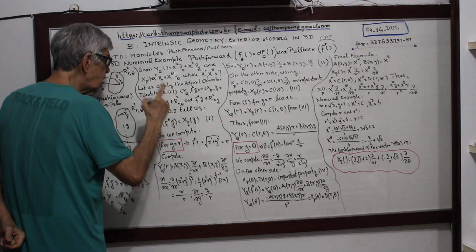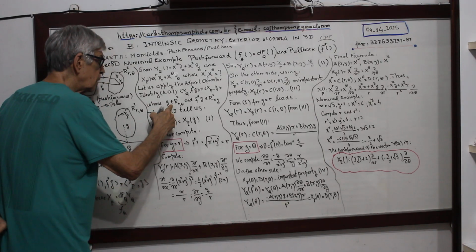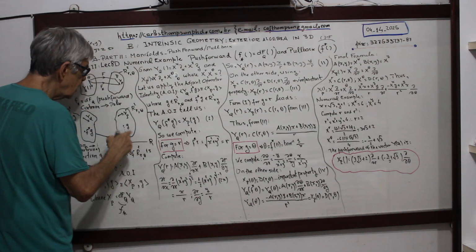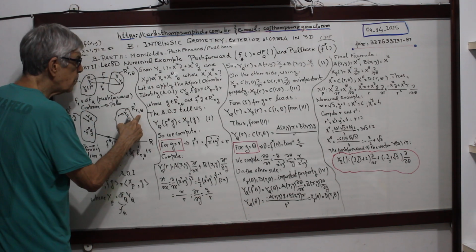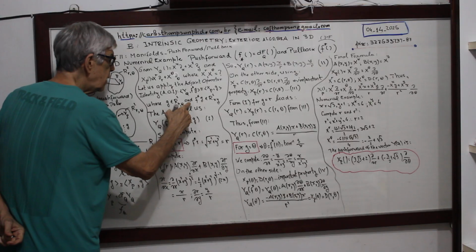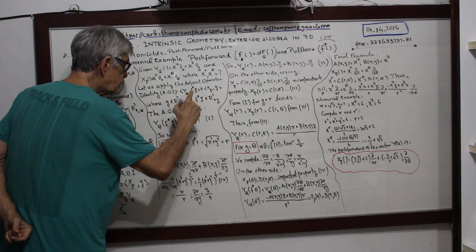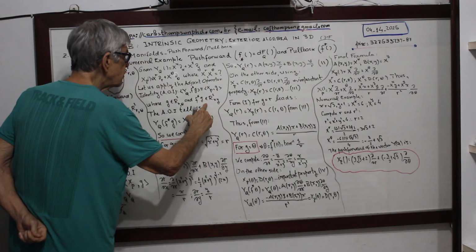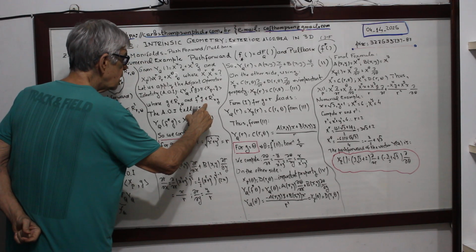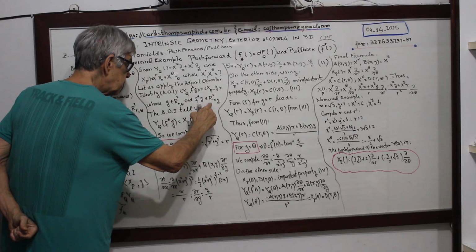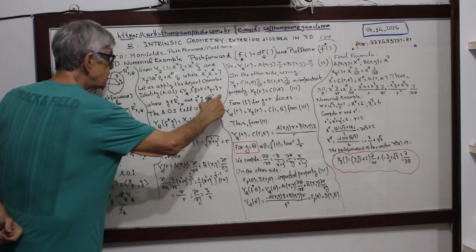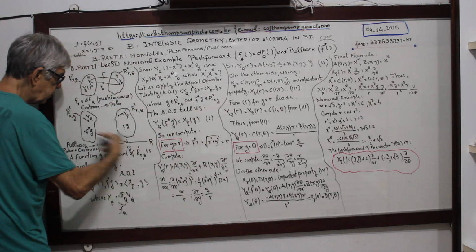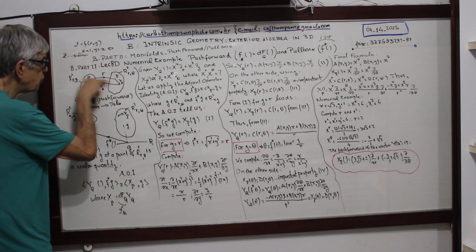Now, g, attention now, is a function that belongs to the polar coordinates. And the pullback of this function belongs to the Cartesian coordinates. It's a pullback and push forward.